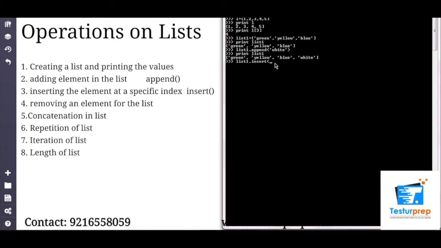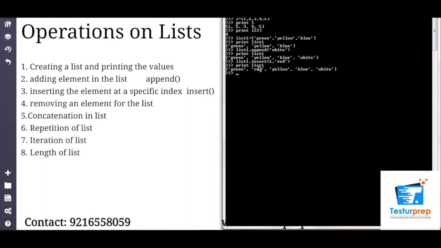Now first I'll write the index. Suppose I want to add it at one position, so index 1. So I write 1 and I add red, and then I again print my list. I've got green, red, yellow, blue and white. So this is how I will keep on adding items, elements in my list.